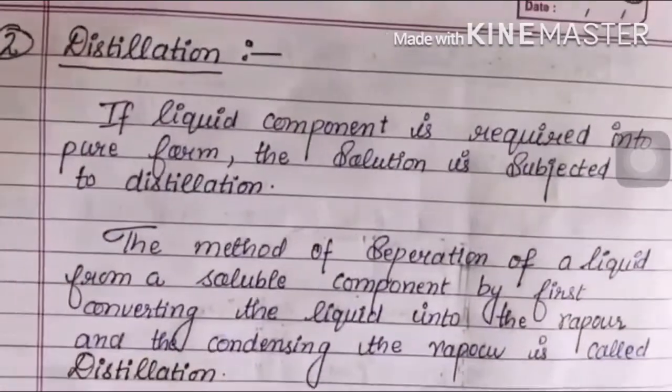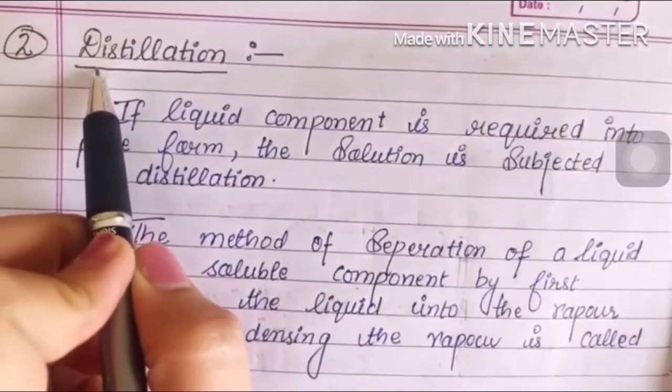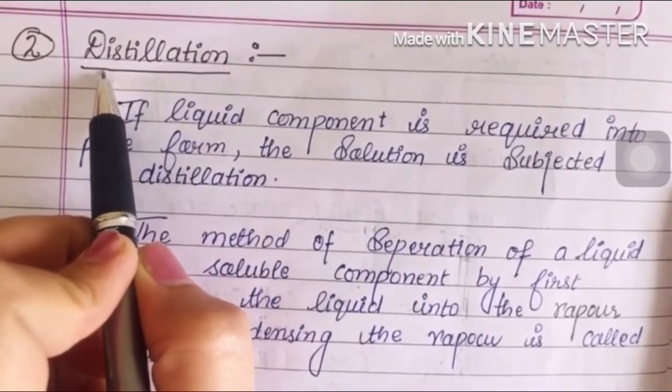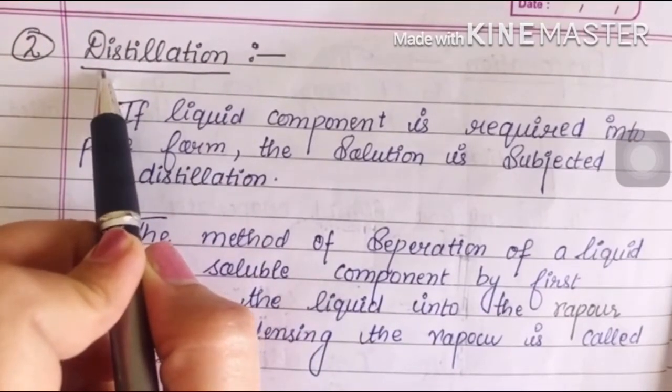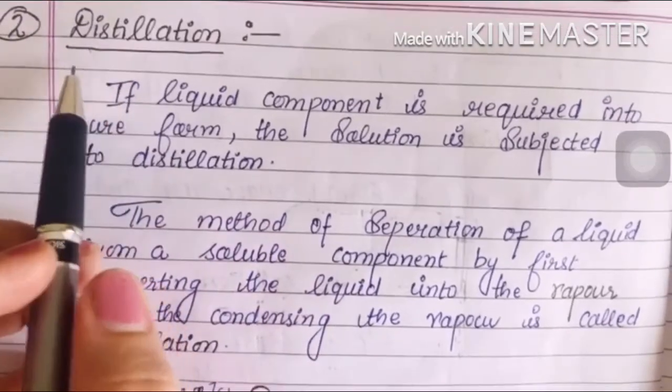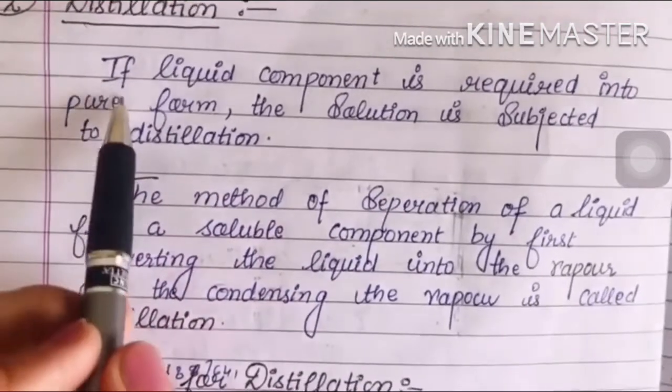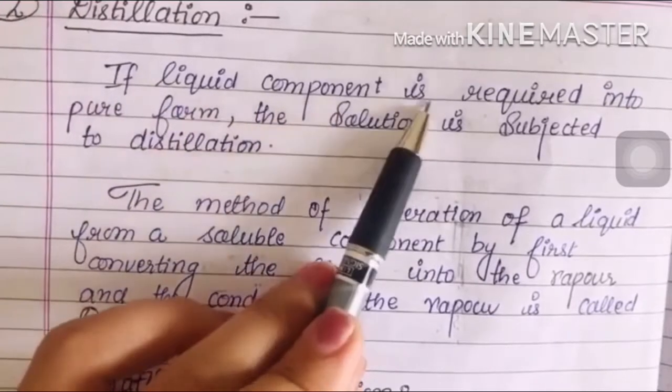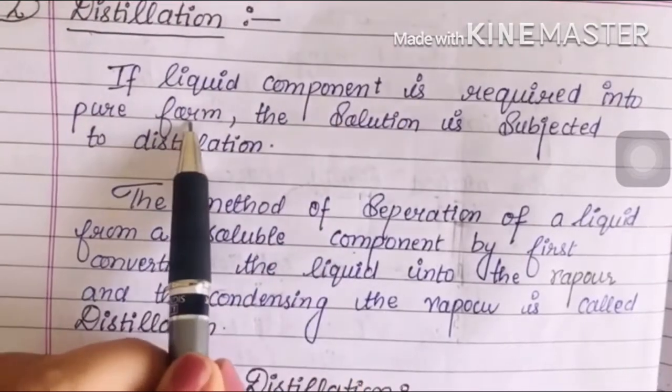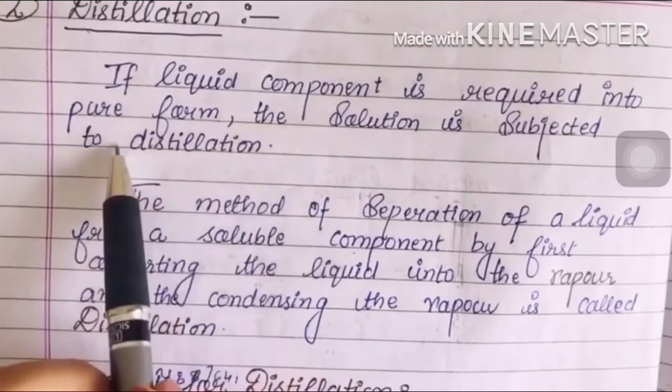Then our next method is distillation. This is the second method that is used for the separation of solid liquid mixture. If the liquid component is required in the pure form, the solution is subjected to distillation.